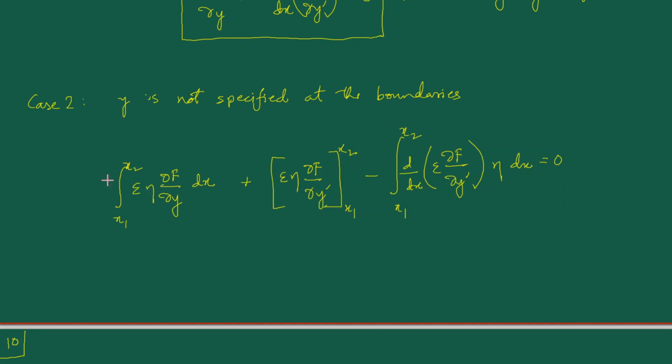So I'll club these integration terms: epsilon eta del f del y minus d dx, exactly like before, where of course I have taken out this epsilon from this first bracket here.